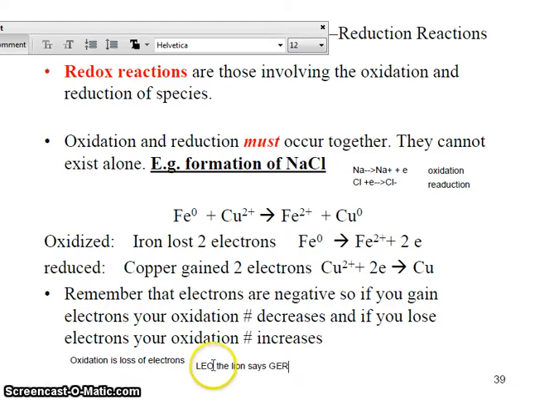Loss of electron is oxidation, gain of electron is reduction. So let's write that as well somewhere. Reduction is gain of electrons. And if you can remember that, you will be in a pretty happy boat throughout any form of chemistry.